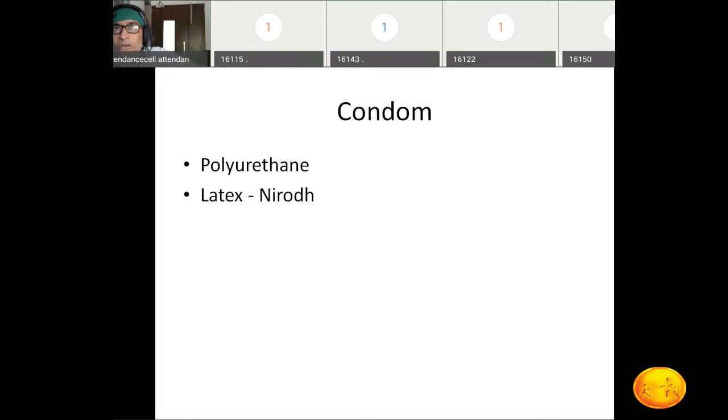Allergy has been found to latex, and that's why we prepared another one made up of polyurethane. The difference between these two: polyurethane is a little thinner, latex rubber is a little bit thicker, and allergy has been found more with latex. So the person has both options, whether to use a latex condom or a polyurethane condom. He can choose it.